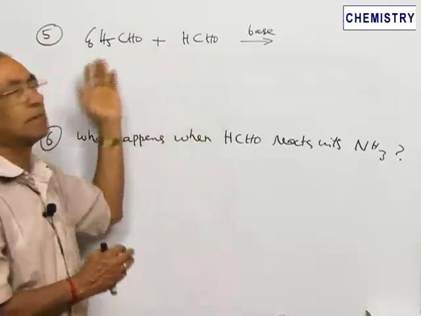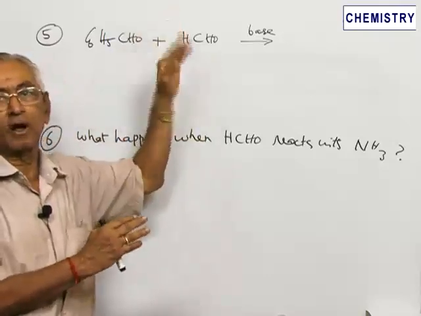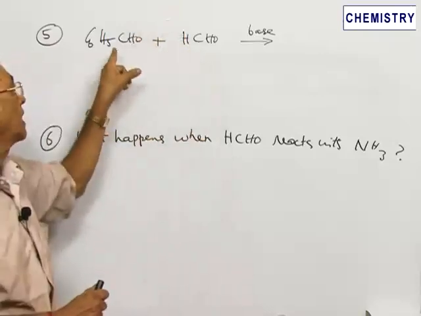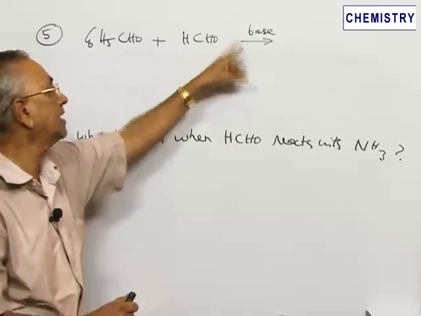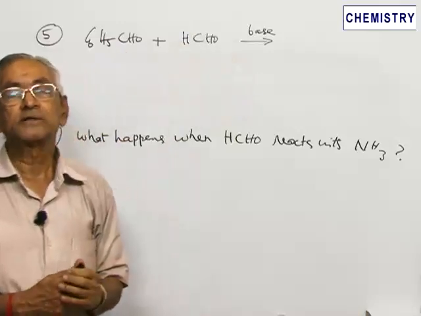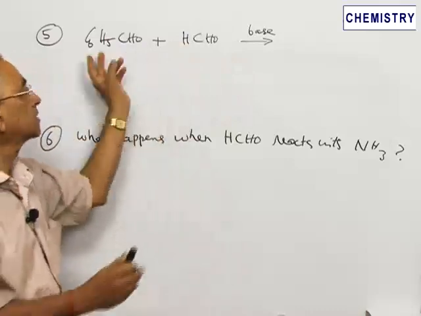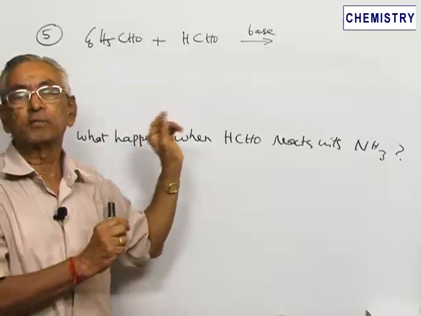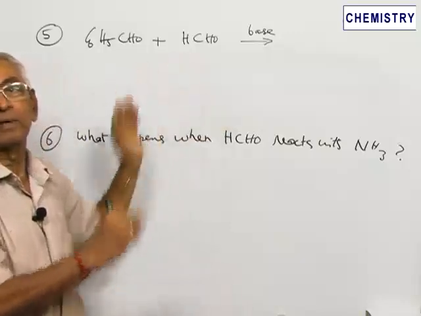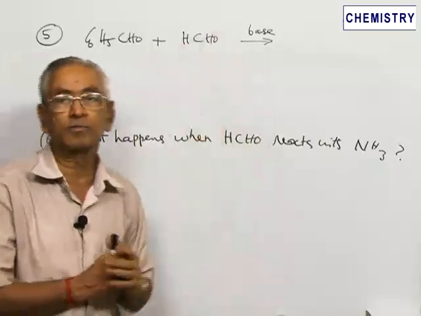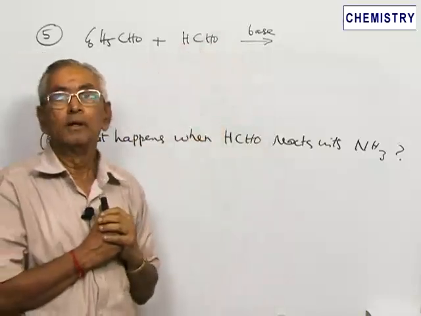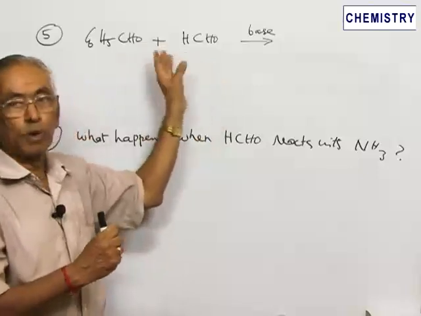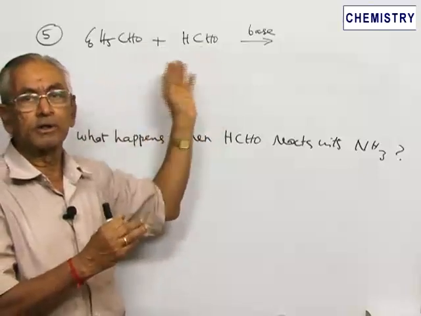Similarly, two molecules of benzaldehyde can also get oxidized and reduced. But in this case, we have one of each: one of benzaldehyde and one of formaldehyde in the presence of the base. These are the two species that will undergo only a Cannizzaro reaction, not aldol condensation. Normally two aldehydes or ketones undergo a disproportionation reaction.